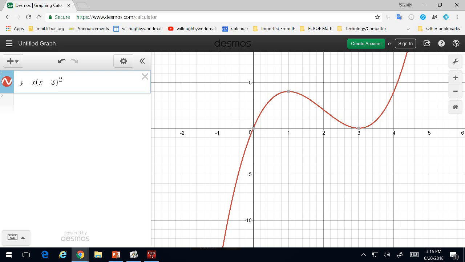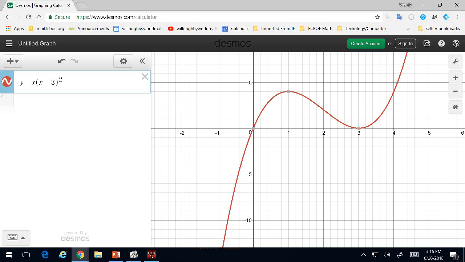And the final thing you're going to look at is the degree of the function. I have this on the whiteboard over here. My first example is y equals x squared. It's only one term, and the degree is 2. What does the degree of the function affect? Now the next one is y equals x squared times (x minus 1).